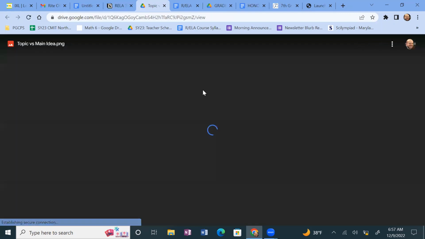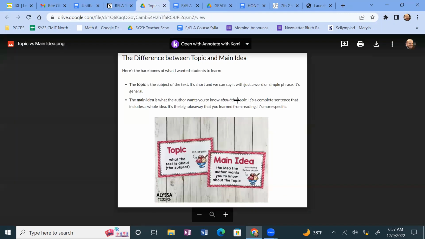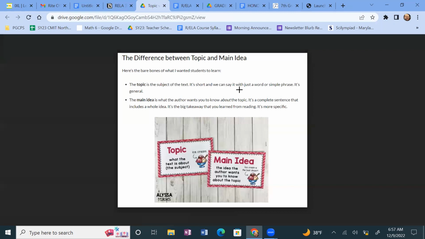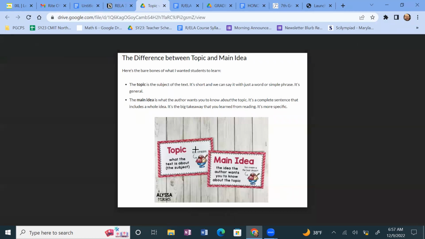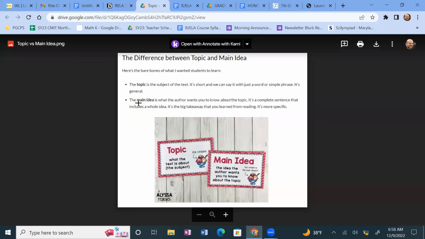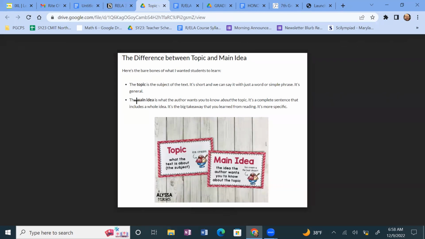So we're going to click here on central idea, which you can also call main idea. So write this down. The topic is the subject of the text. It is just a word or a simple phrase. All right, so that's the topic. Our example here is ice cream. The topic could be ice cream. The main idea or the central idea, same thing, is what the author wants you to know about the topic.